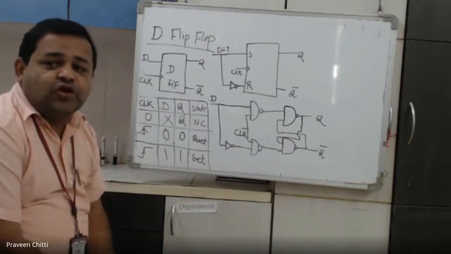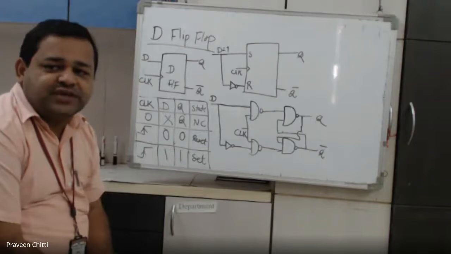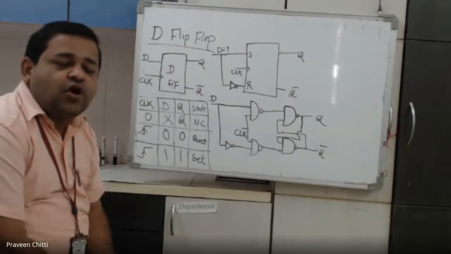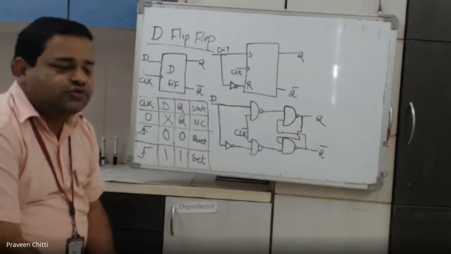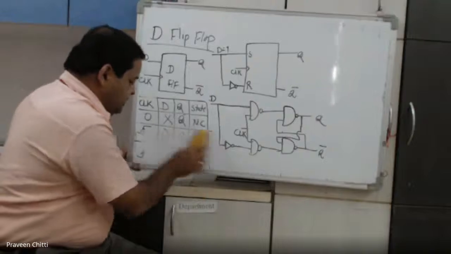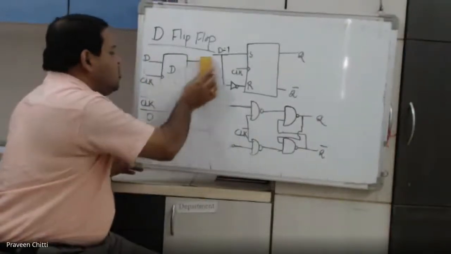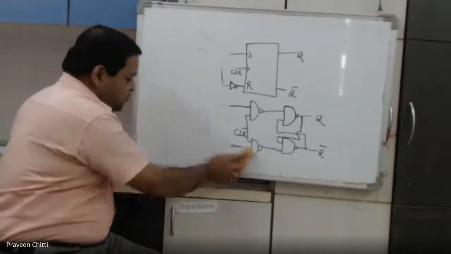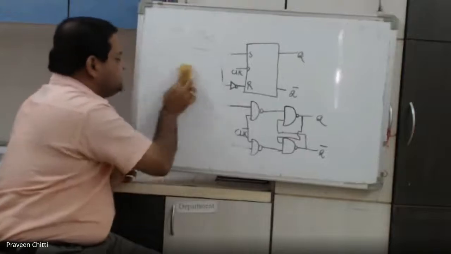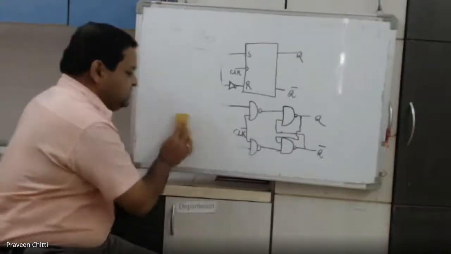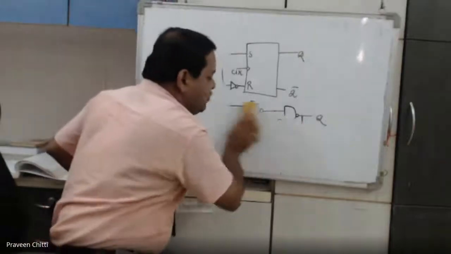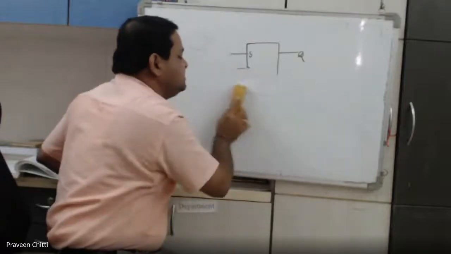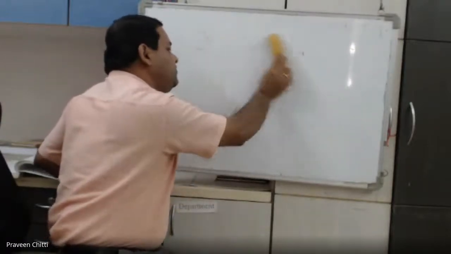To overcome that drawback of the SR flip-flop, we go for the JK flip-flop, and in the JK flip-flop this indeterminate state of the SR flip-flop is also used, or can be considered. So all four input combinations can be considered in the JK flip-flop. We'll see what exactly the JK flip-flop is, how it overcomes the drawback of the SR flip-flop, and the different states the JK flip-flop can work in depending on the input.